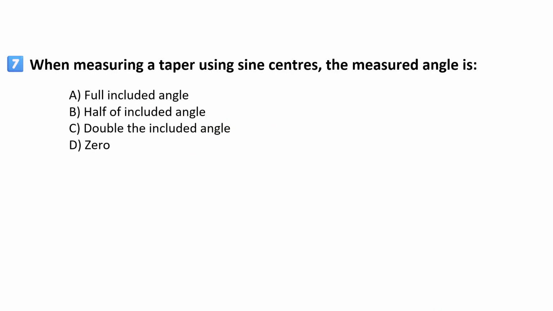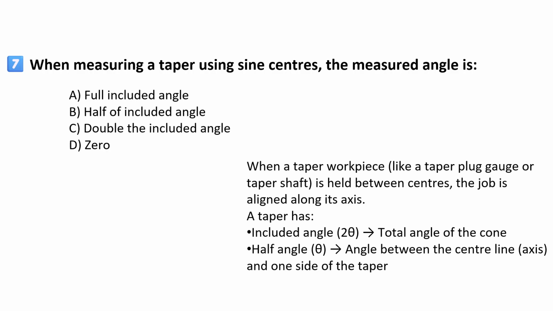The next question is: when measuring a taper using the sine centres, the measured angle is option A full included angle, option B half of the included angle, option C double the included angle, option D 0. Previously we discussed this while discussing the sine table. When a taper workpiece is held between the centers, the job is aligned along its axis.